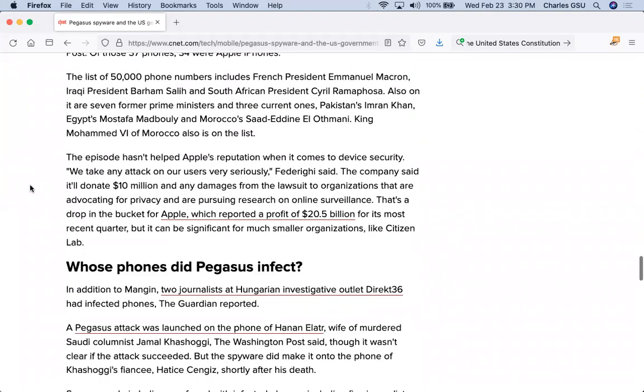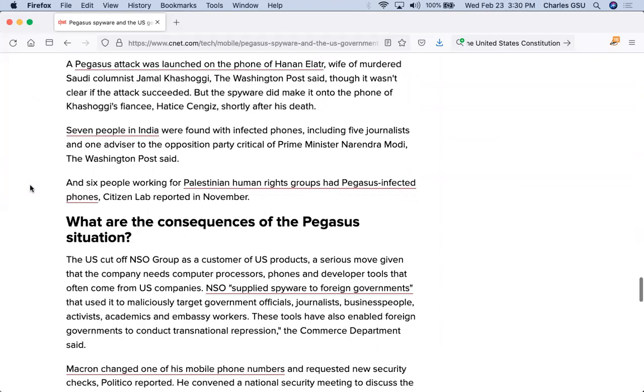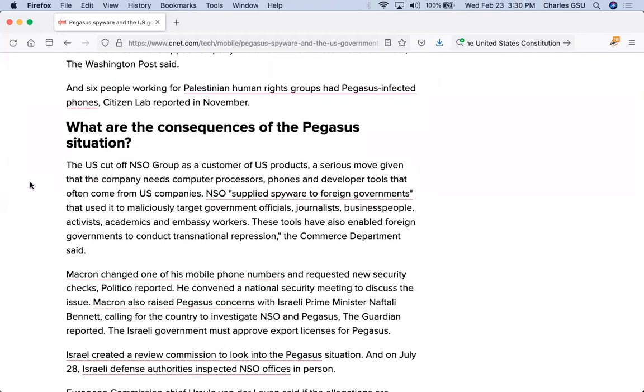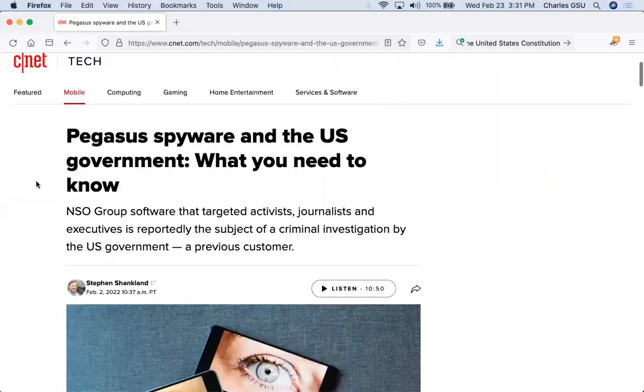So, you can go read about this, but, right, the US cut off the company as a customer of US products. So we had been, as the United States, buying this product from the NSO Group, which should lead Americans to have concern that our own government is using this software to spy on us.